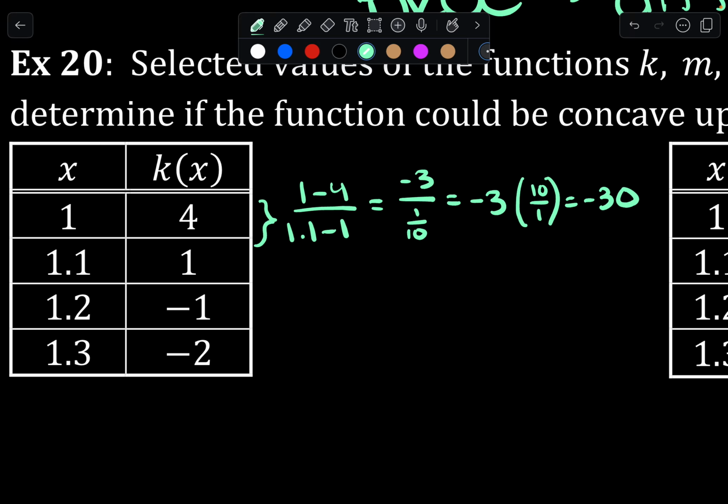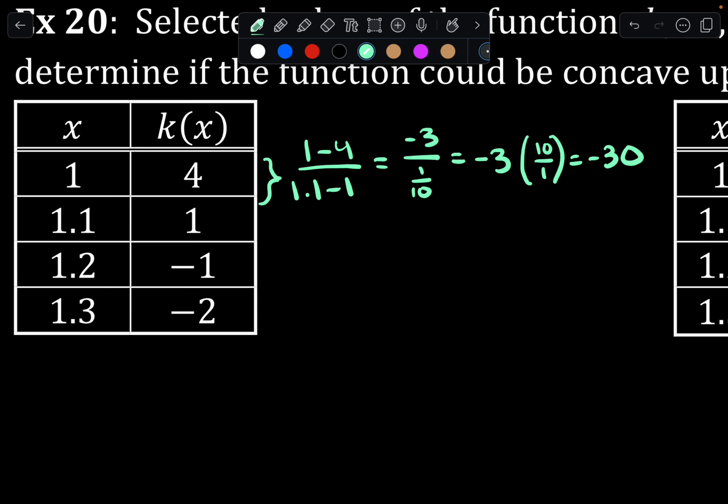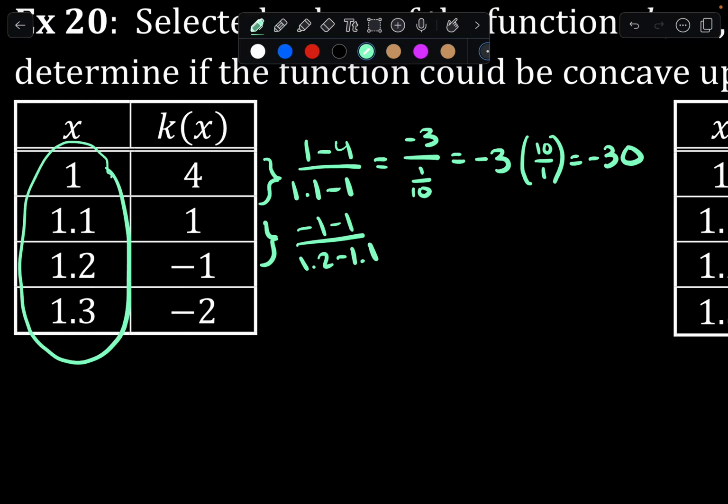So you can either think of moving the decimal, or you can keep change flip and multiply with the reciprocal of the denominator. Now from here, we'll have -1 minus 1 divided by 1.2 minus 1.1. So we can see that the inputs have a difference of 0.1. So we're always going to be dividing by 1/10 or moving that decimal over 1 to the right, okay?